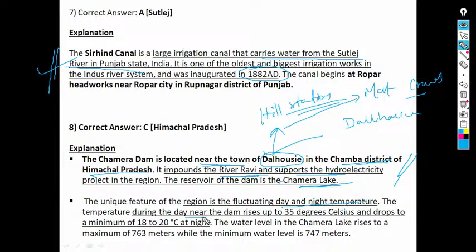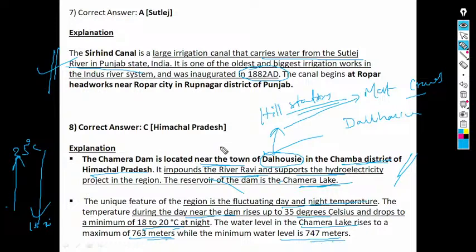The temperature during the day near the dam rises to 35 degrees Celsius and drops to a minimum of 18 to 20 degrees at night. The water level in Chamera Lake rises to a maximum of 763 meters while the minimum level is 747 meters.